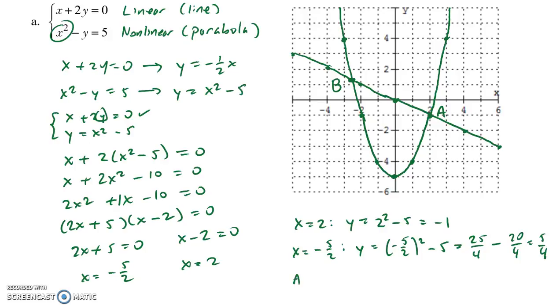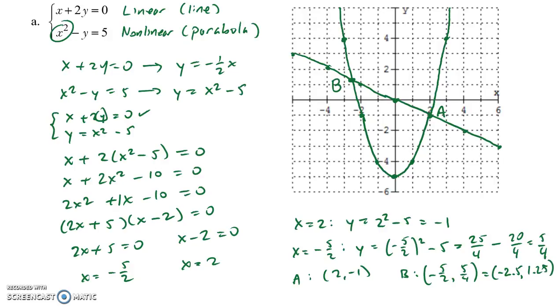So this gives us our two ordered pair solutions. For point A, we have the ordered pair 2, negative 1. For point B, we have the ordered pair negative 5/2, 5/4. Now, negative 5/2 in decimal form is negative 2.5, and 5/4 in decimal form is 1.25.